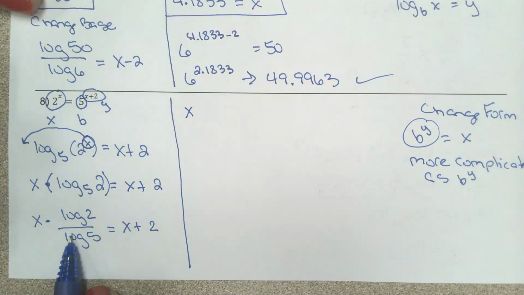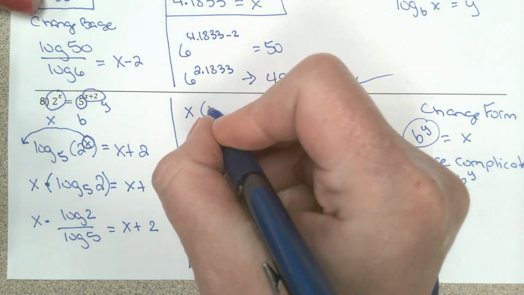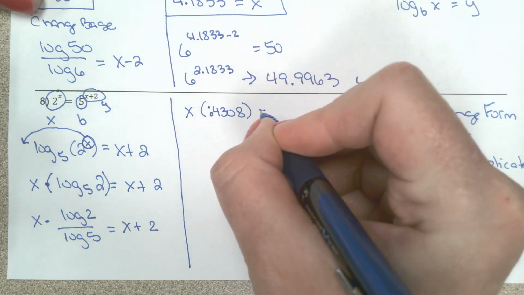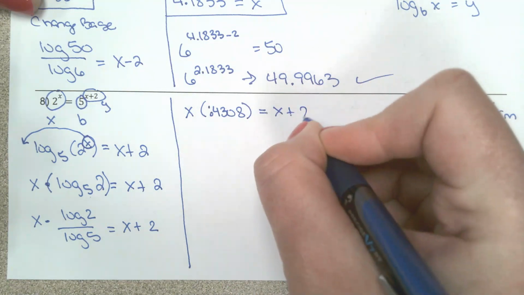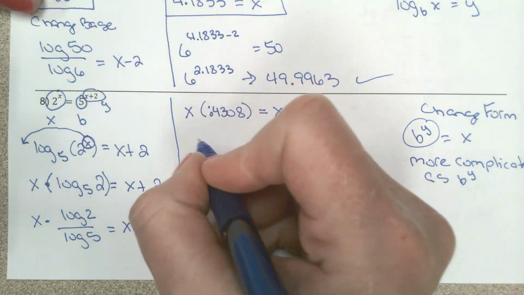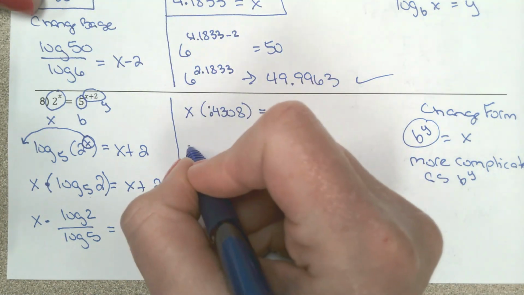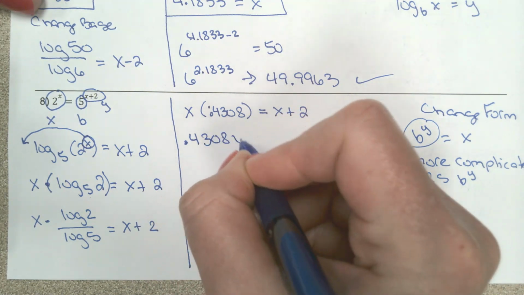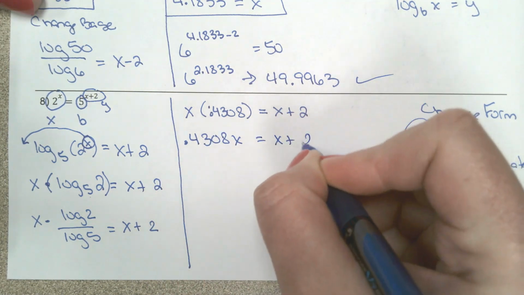I entered this in my calculator, and I got about 0.4308. It would be customary to put your coefficient first, so I'm just going to rewrite it as 0.4308x equals x plus 2.